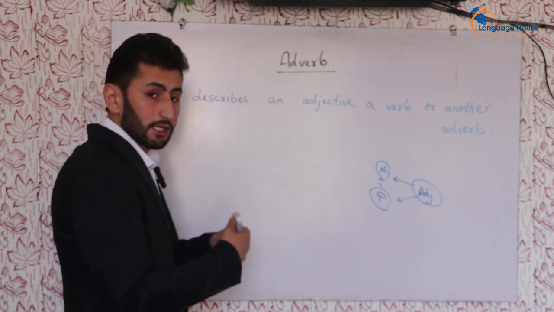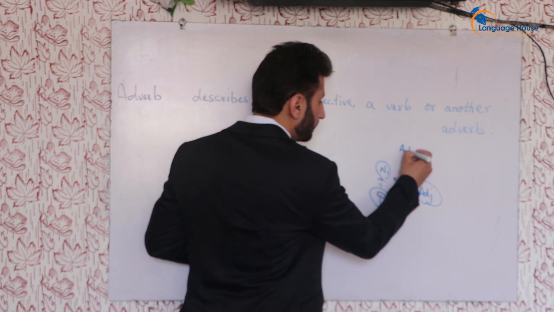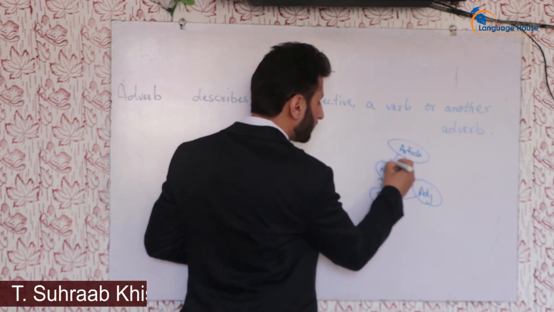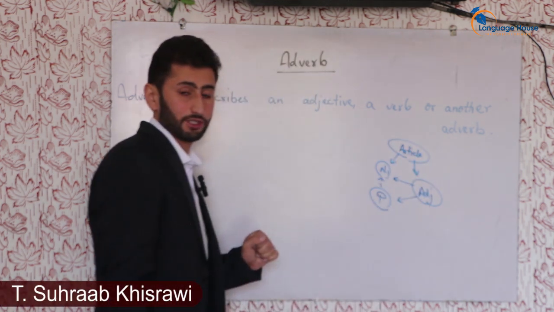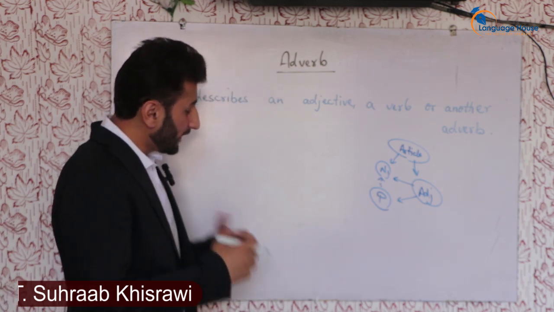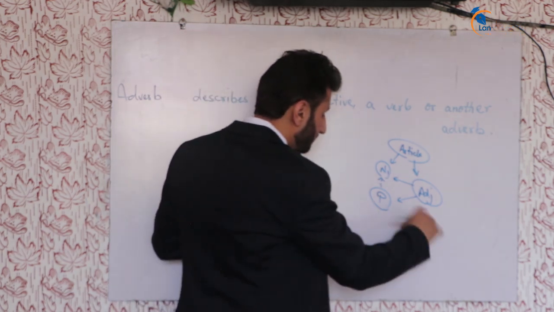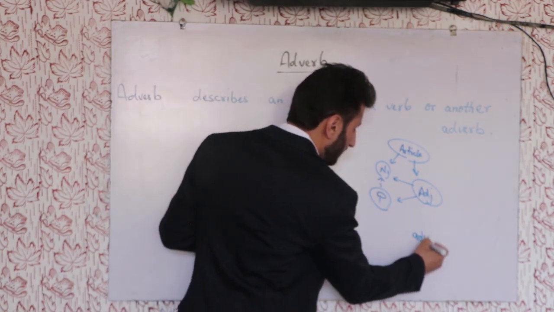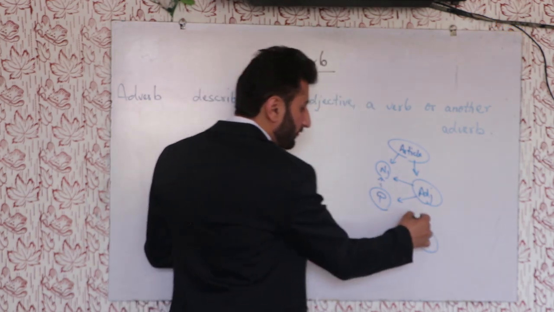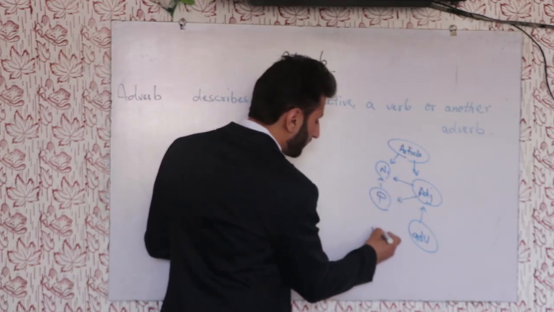Now what is an article? Articles modify nouns and adjectives, and we have three articles, a, an, and the, right? Next we have adverbs. What are adverbs? Adverbs modify adjectives, okay?